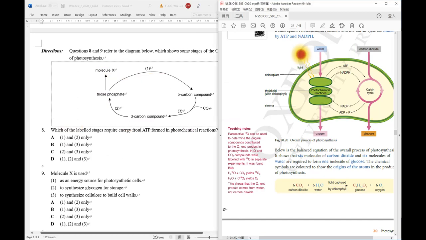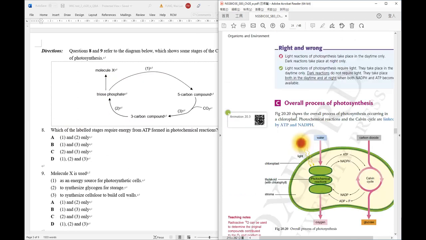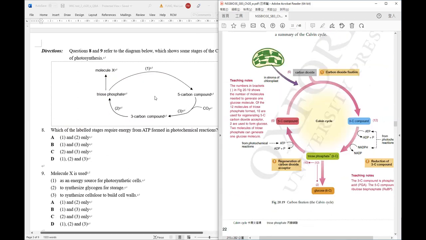Next one. Which of the labeled stages require energy from ATP formed from photochemical reaction? According to page 22, some stages require ATP. For example, regeneration of carbon dioxide acceptor and the reduction of 3C compound. From 3C to triose phosphate, we need ATP.